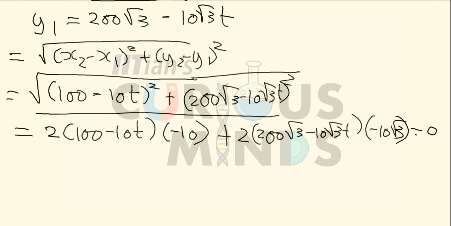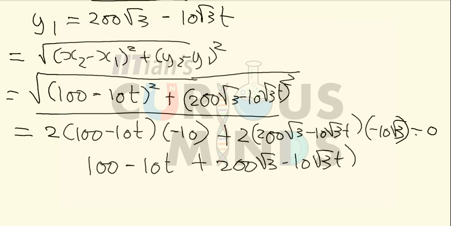So basically I can say that if I divide the whole equation by 20, it will be shifted to the left hand side, so it will be equal to (100 minus 10t) plus (200 root 3 minus 10 root 3 t) into root 3 equal to 0.